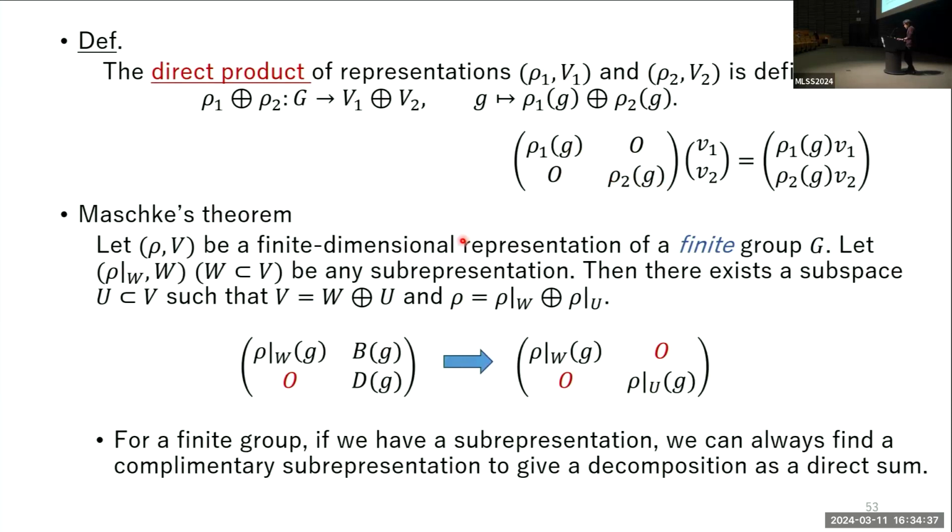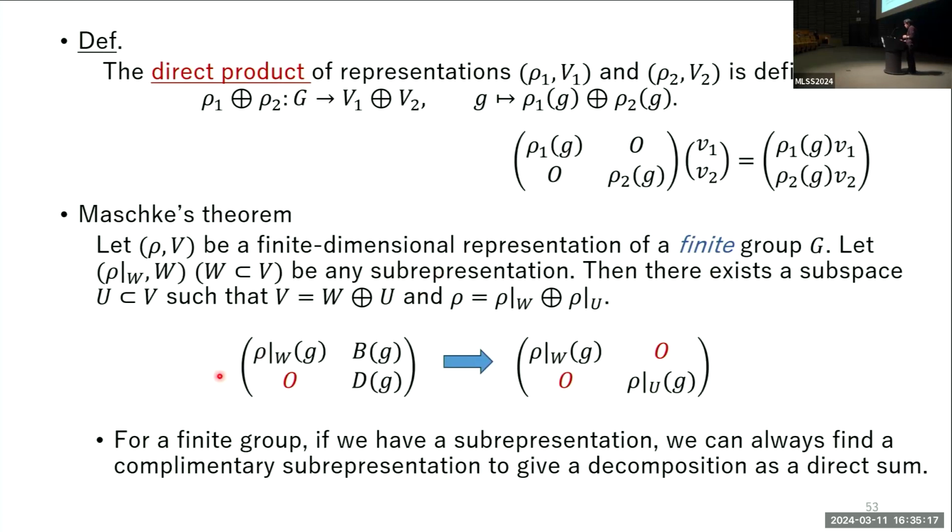And this is a very famous theorem about finite groups. Let's consider a finite dimensional representation on a finite group, meaning that the number of elements is finite. Then for any sub-representation, we can find a complementary representation that gives the total original representation as a direct sum of the two representations.